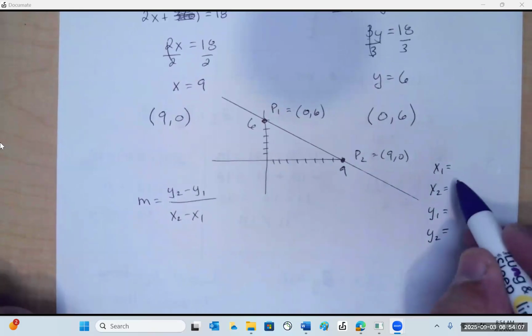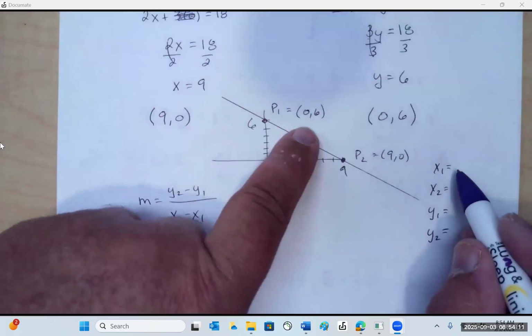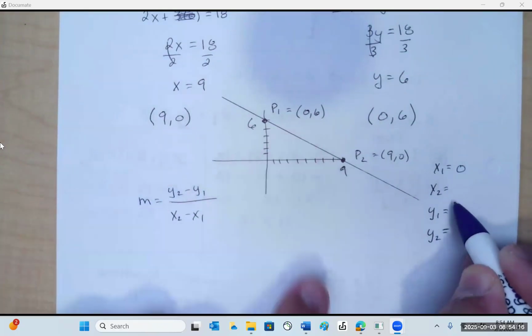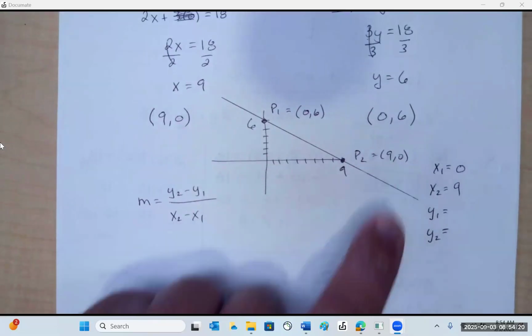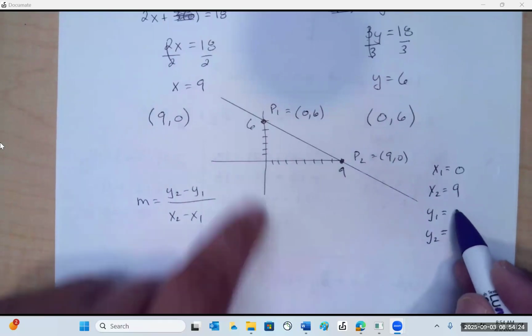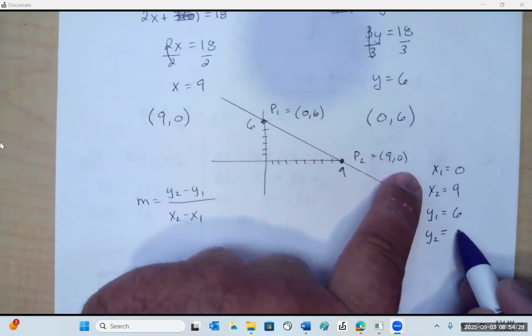So what's x1? The x value of the first point is 0. x2, the x value of the second point, is 9. y1 is 6. And y2 is 0.